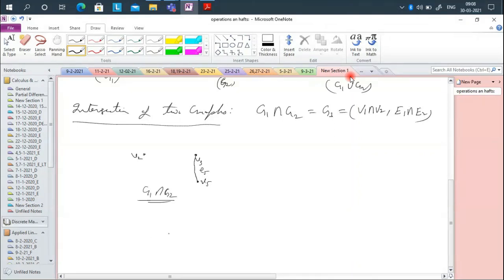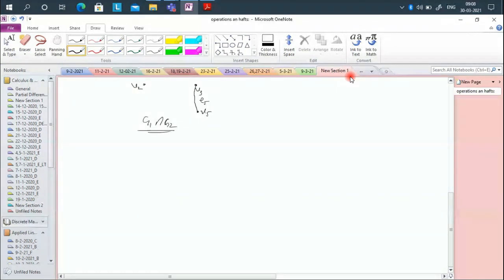Now see vertex deletion. What is the meaning of vertex deletion?